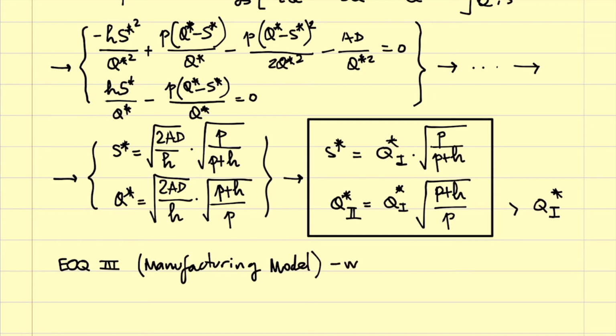Without backlog, there is a number 4 model with manufacturing with backlog.